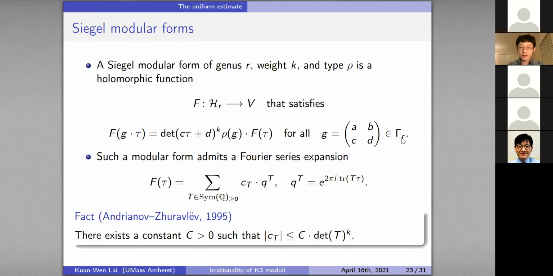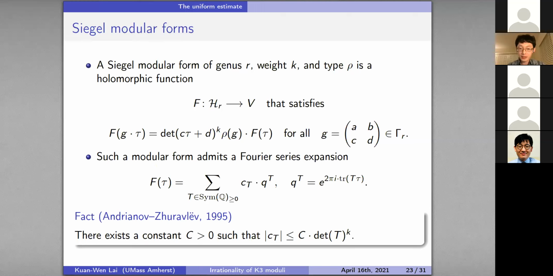And again, we have a fact about the growth of its coefficients. We believe this fact is probably well known to experts in this area, and we found it in a book written by these two people. We don't know if these two people are the original creators of this fact, but we found it in their book.